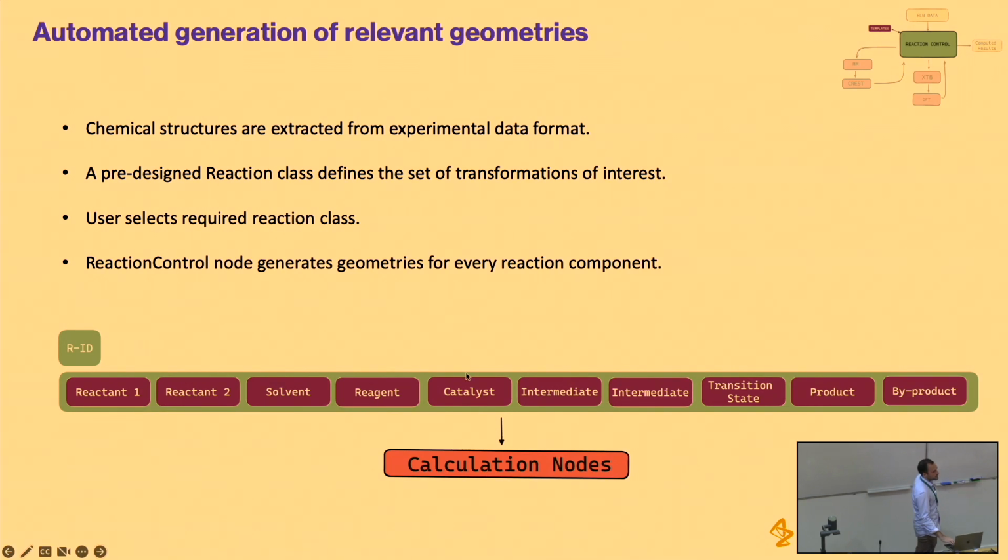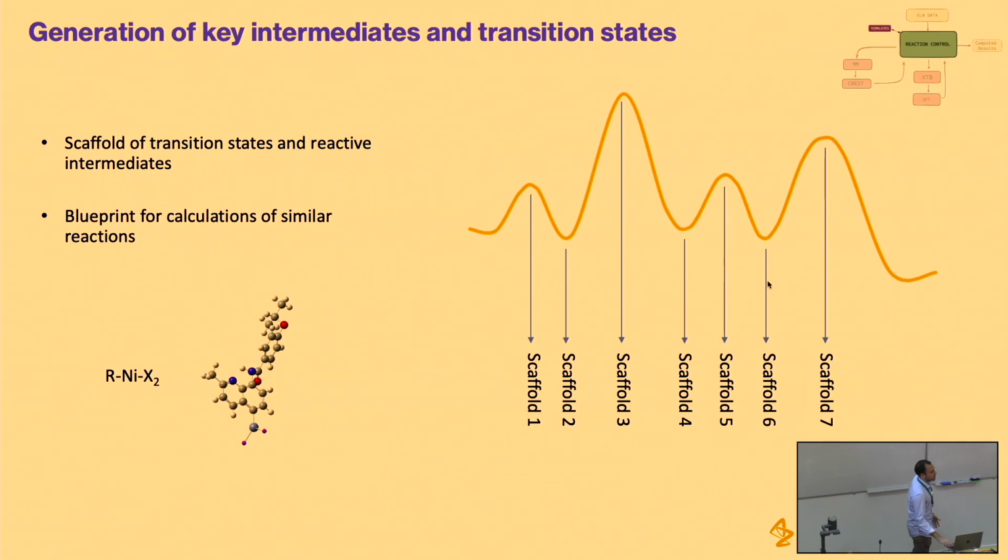The interesting part is how we create these intermediate and transition state geometries, because of course these are the complicated ones. The approach that we followed is to use predefined, pre-optimized scaffolds, where we optimize some structures with DFT, and then we strip the intermediates or the transition state from the ligand and just use placeholder atoms.